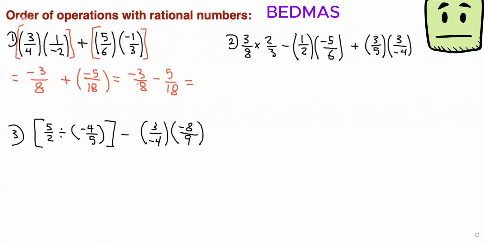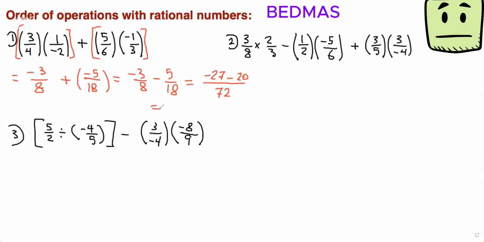The next thing is we've got to find a common denominator here. The common denominator is 72. 72 divided by 8 is 9. 9 times -3 is -27. And 72 divided by 18, of course, we have a minus here. 72 divided by 18 is 4. 4 times 5 is 20.